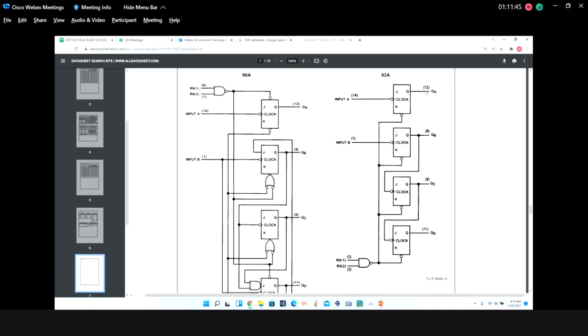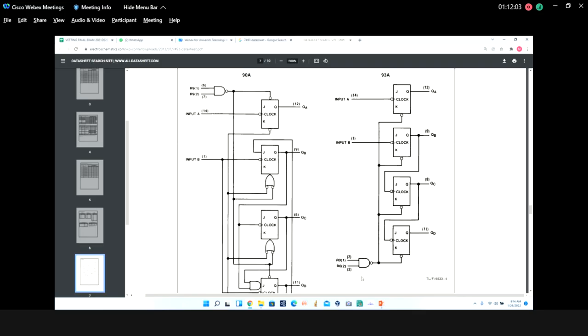So if you want to make a modulus counter, we need to connect QA to input B. We just put a wire between QA and input B.